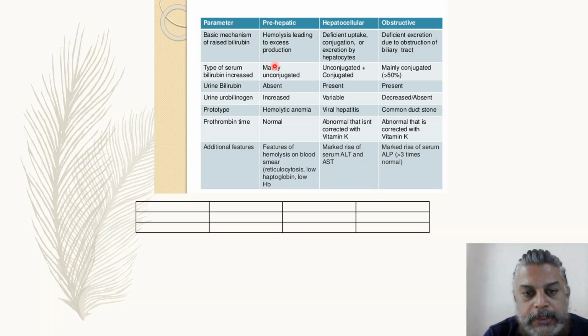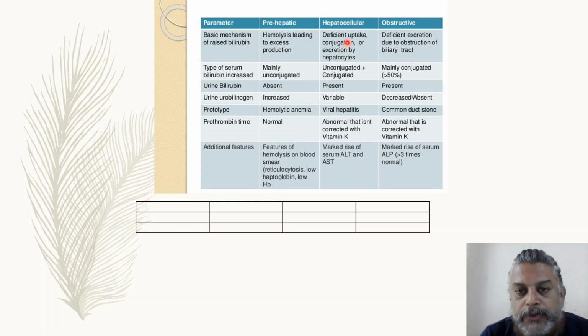As it is bound to albumin, it is difficult to filter in the urine, so we will not have any bilirubin in the urine, but will have increased urobilinogen, which is made by the intestine. The main prototype is hemolytic anemia. Here the liver hepatocyte is normal, so prothrombin time would be normal, and additionally we will see the features of hemolysis on clinical features as well as blood smear investigations.